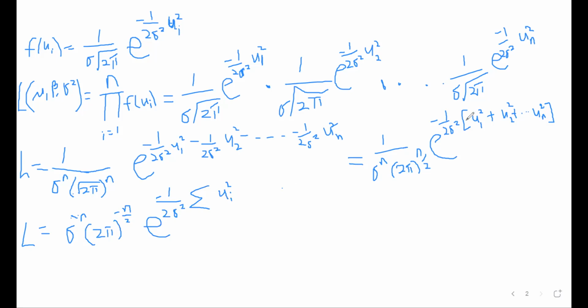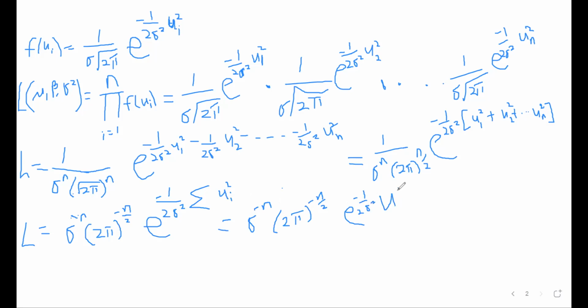I'm summing all the ui's, all this ui plus this plus that is just a summation of ui squared. Remember this can also be written as sigma negative n, and then I have 2 pi negative n over 2, e to the power minus 1 over 2 sigma squared.